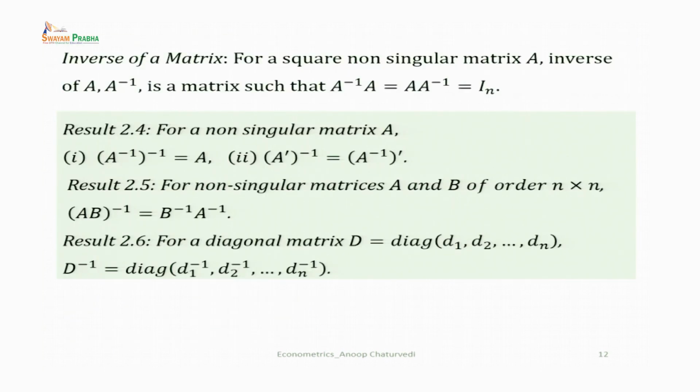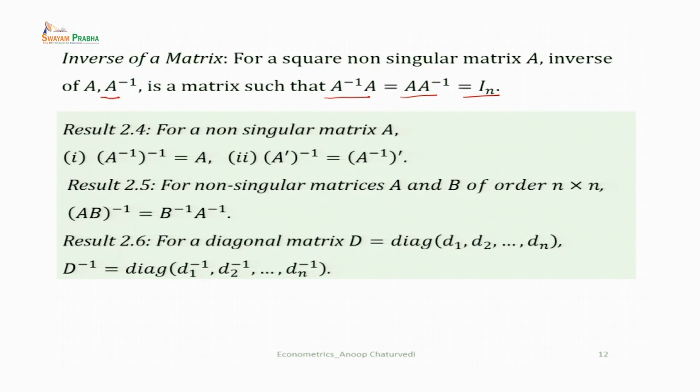Then we define inverse of a matrix for a square non-singular matrix A. Inverse of A, we denote it by A inverse, is a matrix such that A inverse A is equal to A A inverse equal to In. If we pre-multiply A by A inverse or post-multiply A by A inverse, then you get the identity matrix.